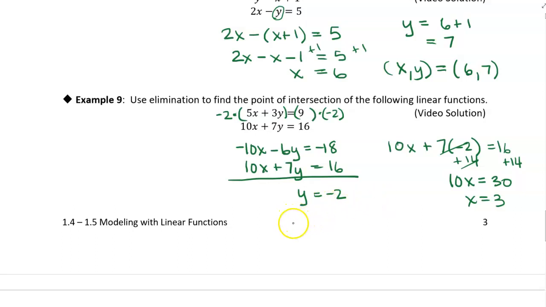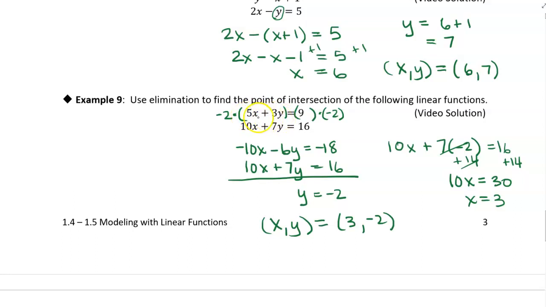This is the point, this xy coordinate. x equals 3 and y equals -2 satisfies both equations. And you can check it. You can just plug those values in to make sure you got the right point. Plug the 3 in for x and the -2 in for y.